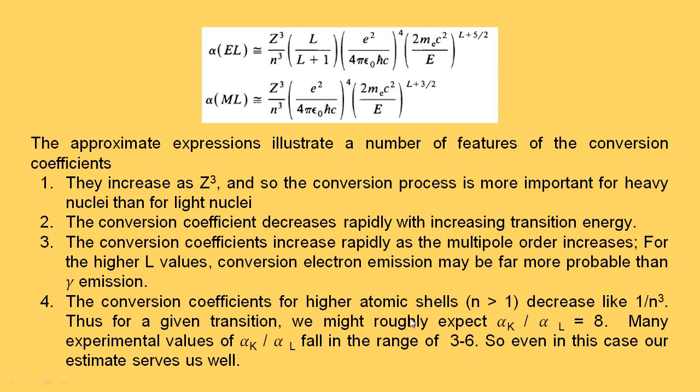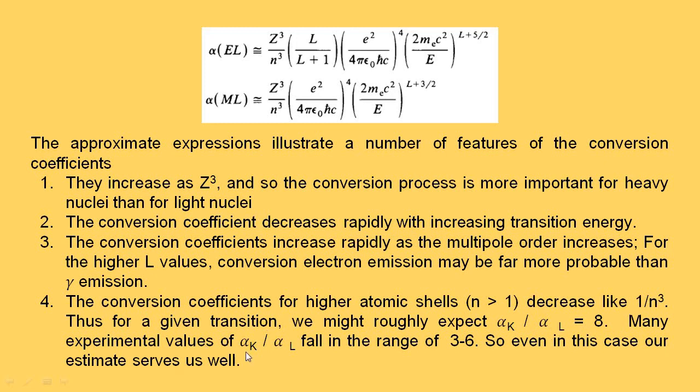The conversion coefficients for higher atomic shells, that means n greater than 1, decrease like 1 by n cube. Thus, for a given transition, we must roughly expect alpha_K by alpha_L, all things the same. Here for K it is 1 and for L it is 2. So, 2 cube is 8. So, alpha_K by alpha_L is 8.